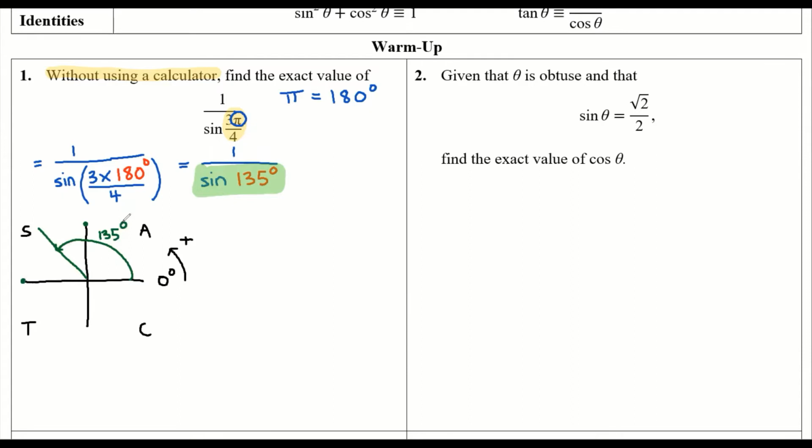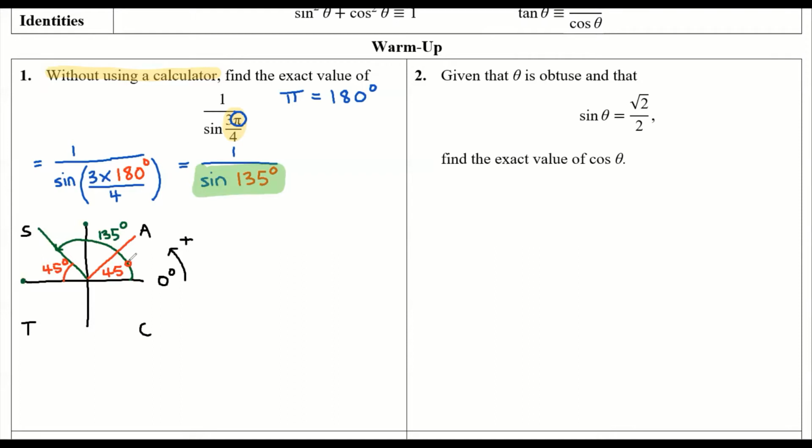So the question is, what angle does that make with the horizontal? Well, if you subtract 135 from 180, you'll notice you get 45 degrees for this angle. Now, this is really useful. This means that if I put another 45 degrees here, I can actually deduce what the sine of 135 is.